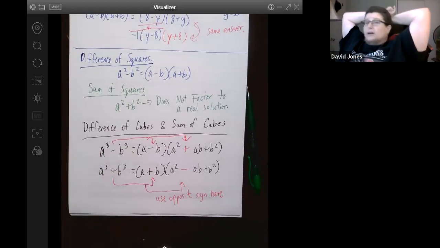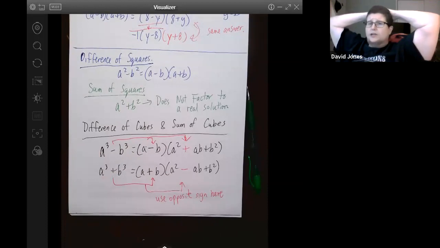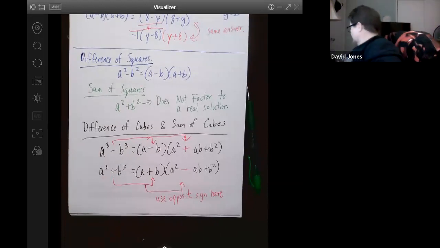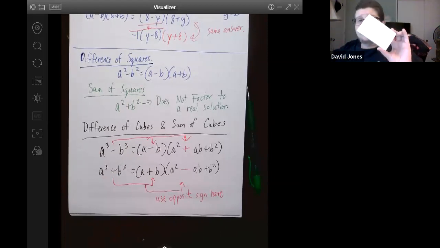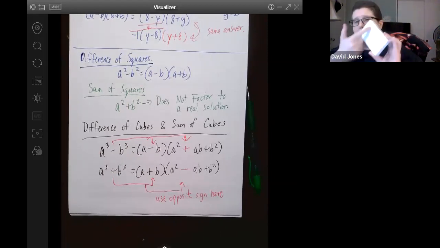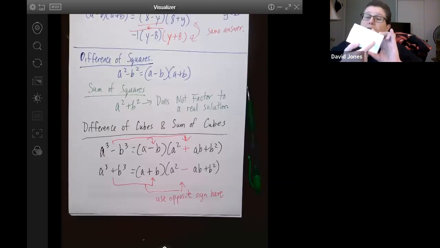And this is not hard to memorize with flashcards. If you've never used flashcards, get index cards. Write one thing on one side, like maybe put a cubed minus b cubed on one side.